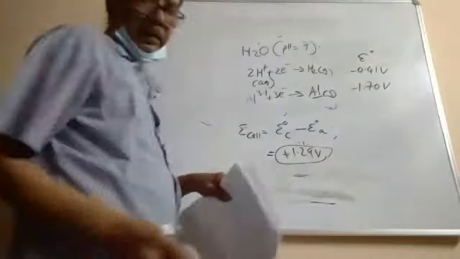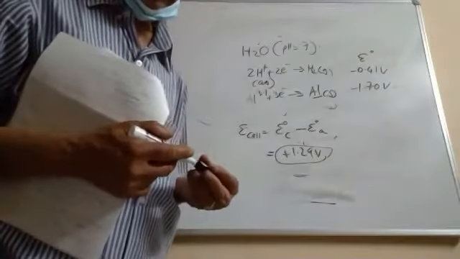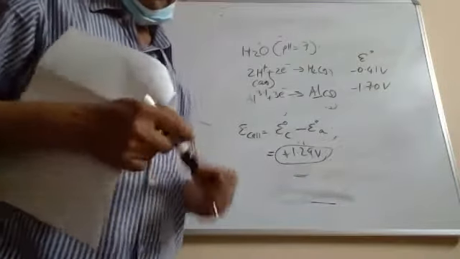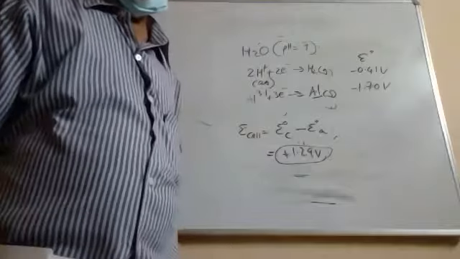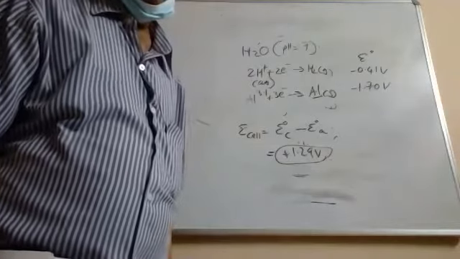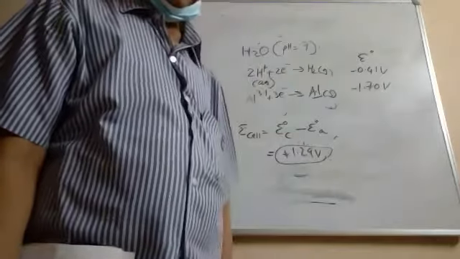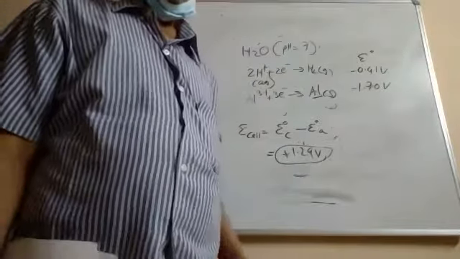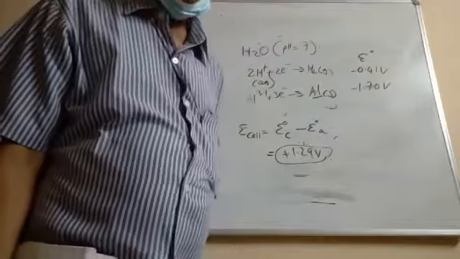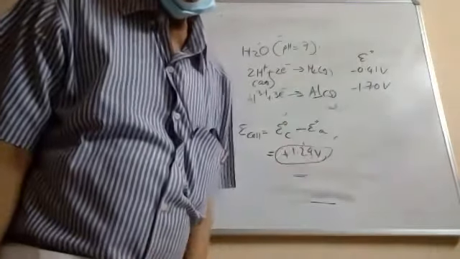Your answer is aluminum should not be stable in water, right? But is it what you see in regular life? Have you ever experienced sprinkling some water on aluminum foil?